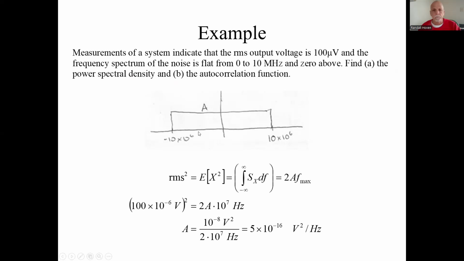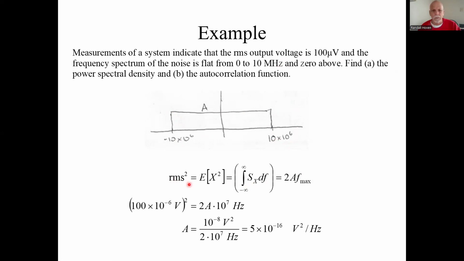But we know the RMS value. The RMS value squared is the mean square value, which is this integral. And that's just A times this total length, so it's twice this F max. This F max is going to be 10 times 10 to the 6, 10 megahertz.